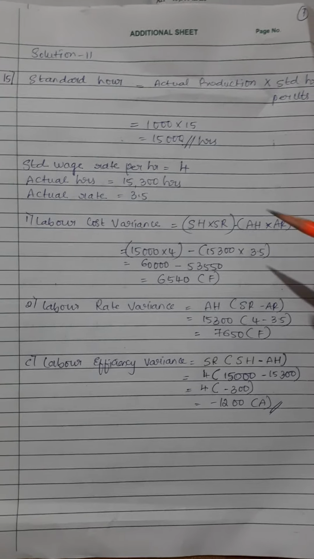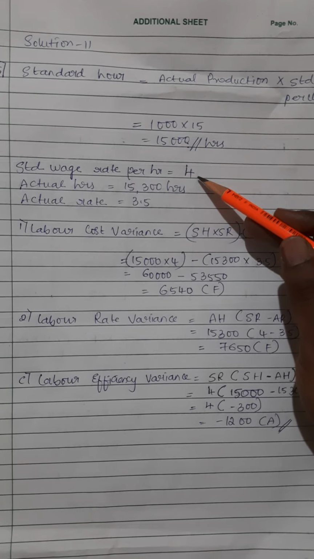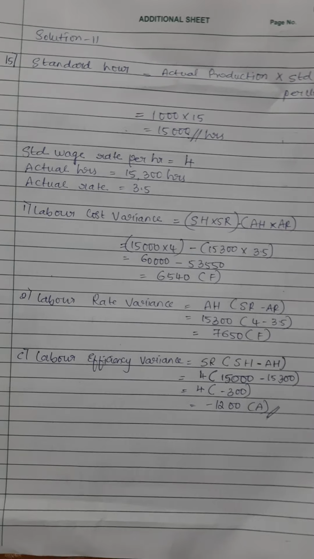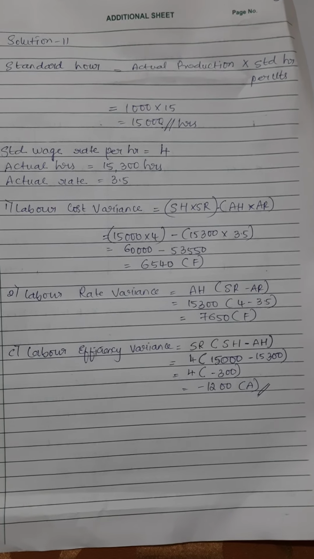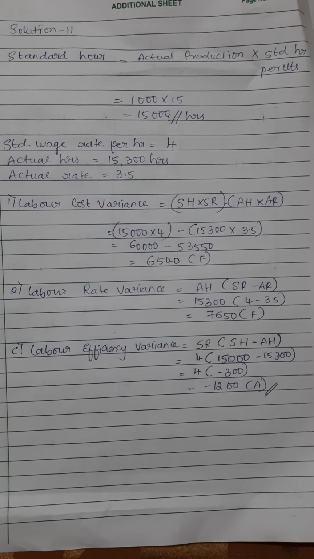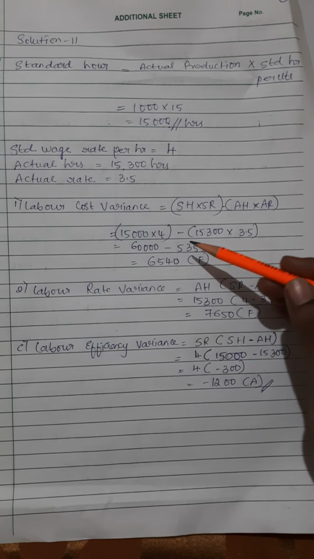Then the standard wage rate per hour is given in the question, which is 4. Actual hours is 15,300. Actual rate is given. Now apply the formulas, which were already explained in the theory part. Labor cost variance: your formula is standard hour into standard rate minus actual hour into actual rate. So what is standard hour?